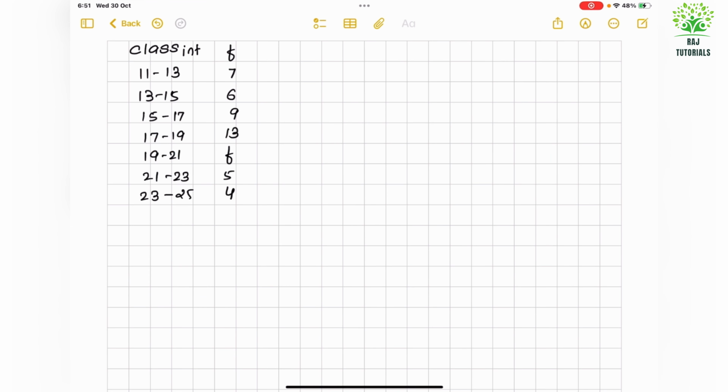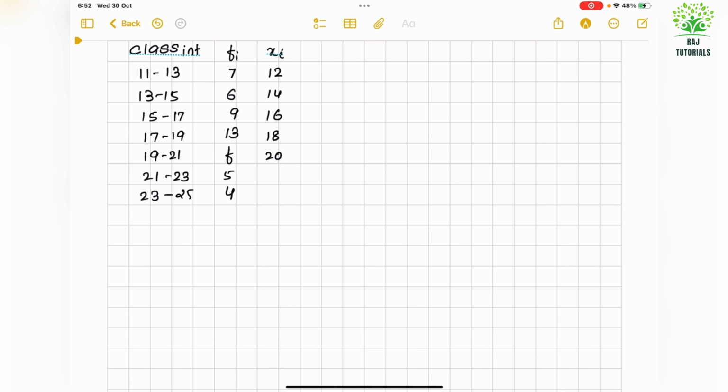Now xi, so 11 plus 13 will be 24, so 12. 15 plus 13, 28 divided by 2 means 14. So same way 16, 18, 20, 22.